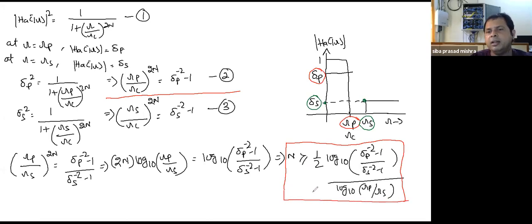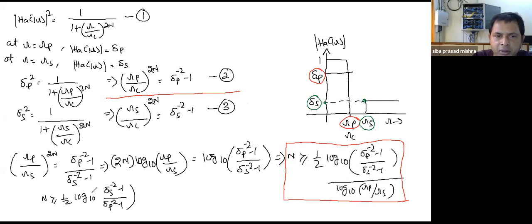If omega c is not given, or also you can write it like this. If you divide 3 by 2, then we'll get n greater than or equal to 1 by 2 log 10 of (del s to the power minus 2, minus 1) by (del p to the power minus 2, minus 1), divided by log 10 of omega s by omega p.